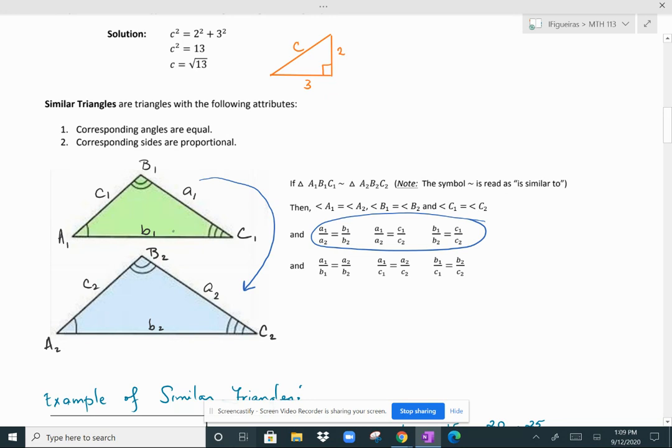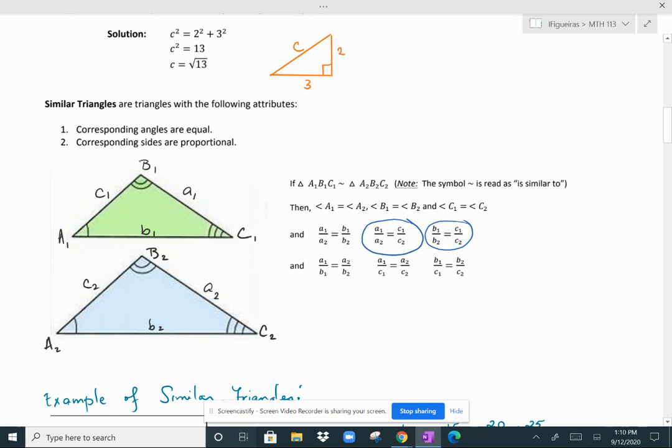But the same is true for b sub 1 and b sub 2. So that first proportion indicates that those two proportions are equal. And the same is true for all the other relationships. A sub 1 to a sub 2 equals c sub 1 to c sub 2. And then finally, b sub 1 to b sub 2 equals c sub 1 to c sub 2.